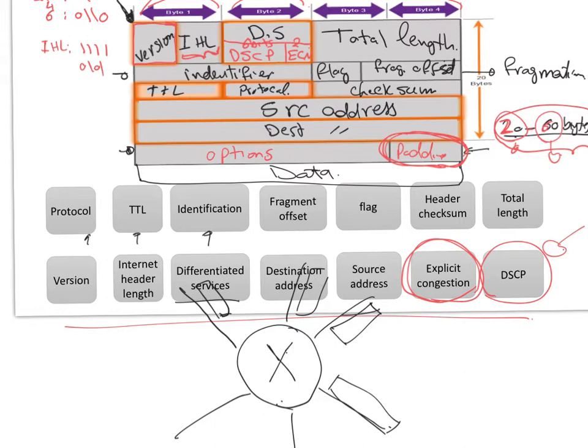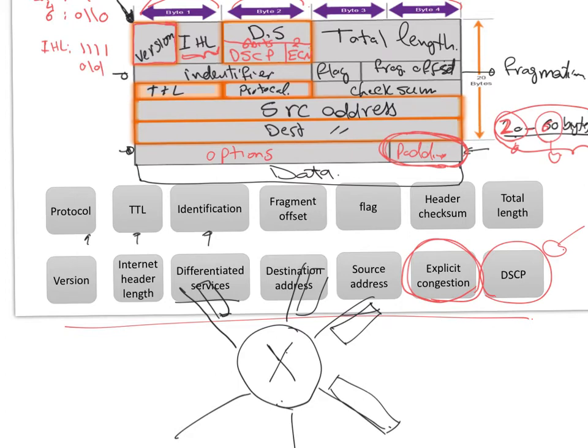And this total length is in fact the length of the data and the header. Okay, so if the header itself is 20 bytes and we have data of 1500 bytes, let's say, this total length should have 1520, to indicate the length of the data and the length of the header.